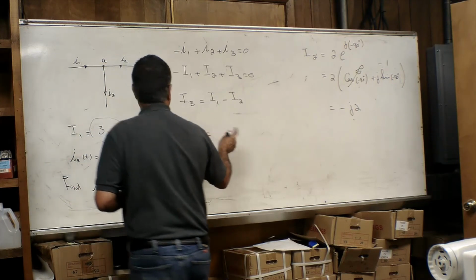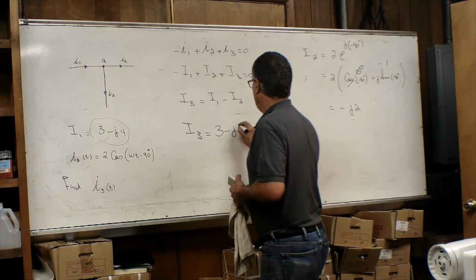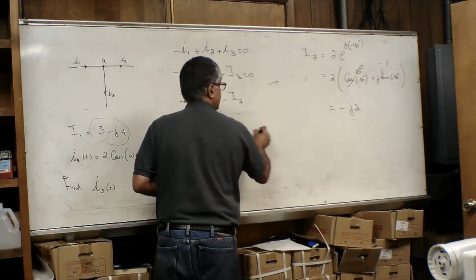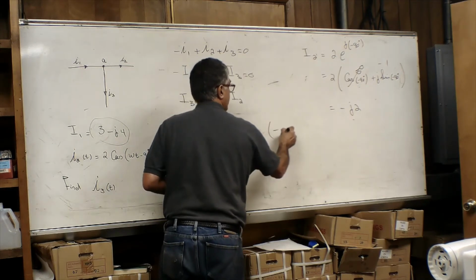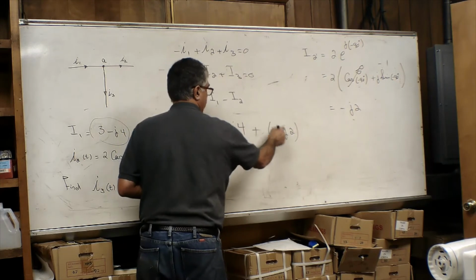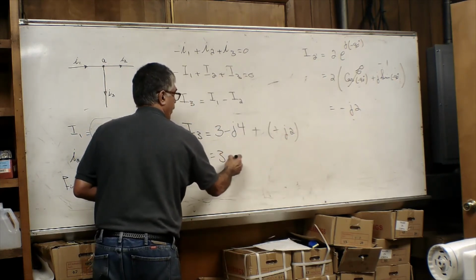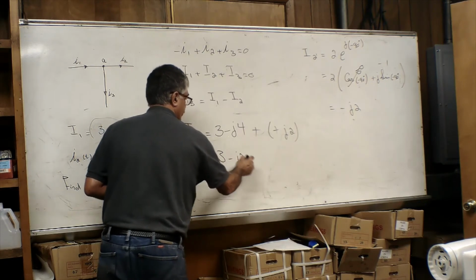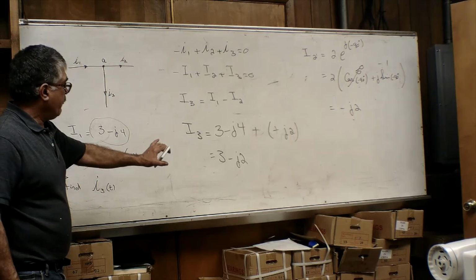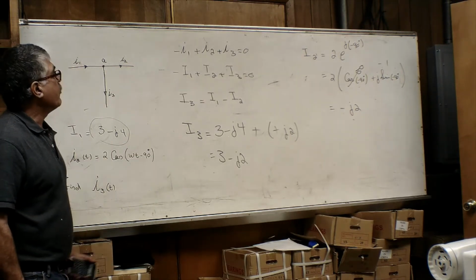I3 is equal to I1, which is 3 minus j4, minus I2, which is minus j2. Minus and minus will be plus, so it will be equal to 3 minus j2. So this is the phasor form of I3 in rectangular form.